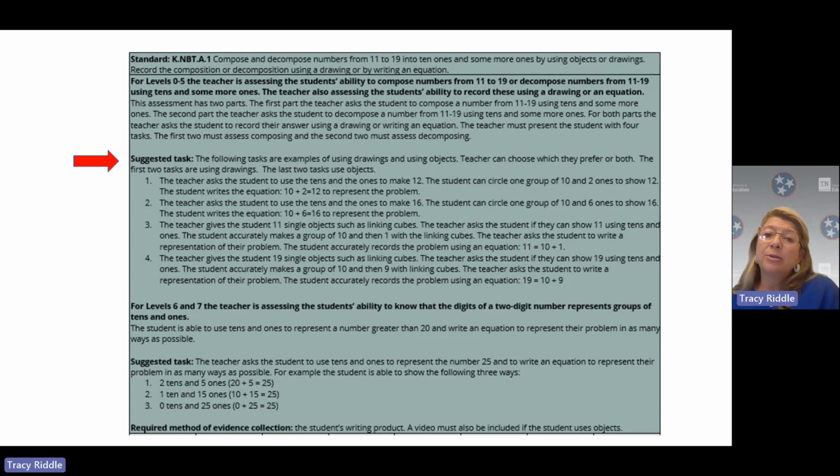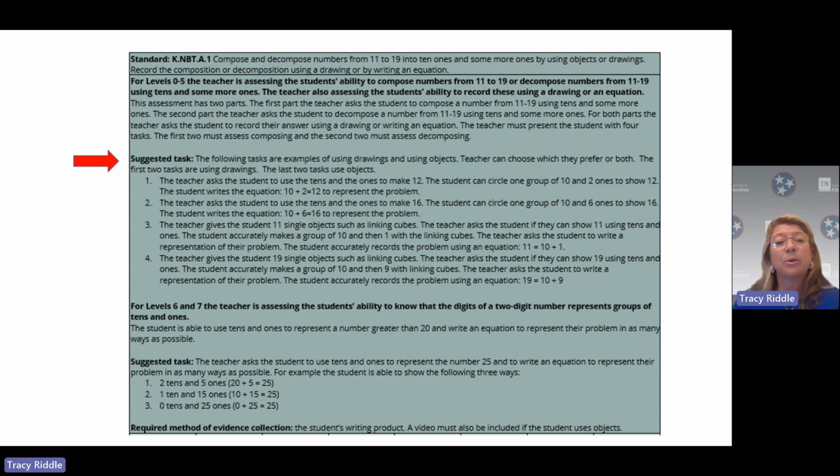These can be used by teachers for whichever they prefer, if they prefer to do drawings or if they prefer to use objects. These first 2 examples are examples of using drawings. The last 2 examples are examples of using objects. Again, these are suggestions. Teachers can choose which they prefer.